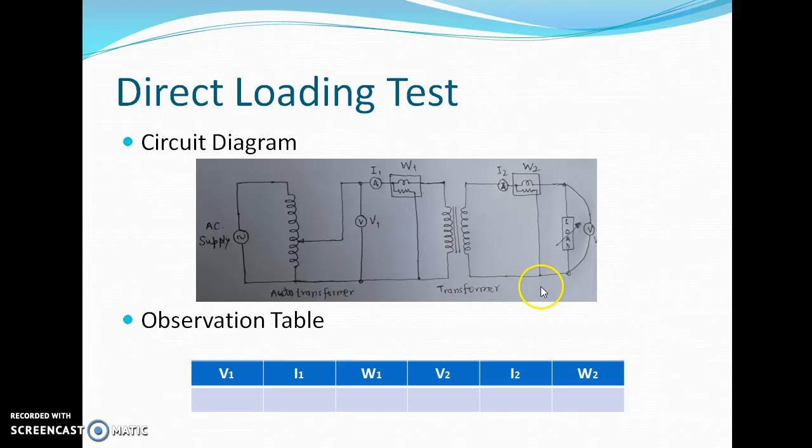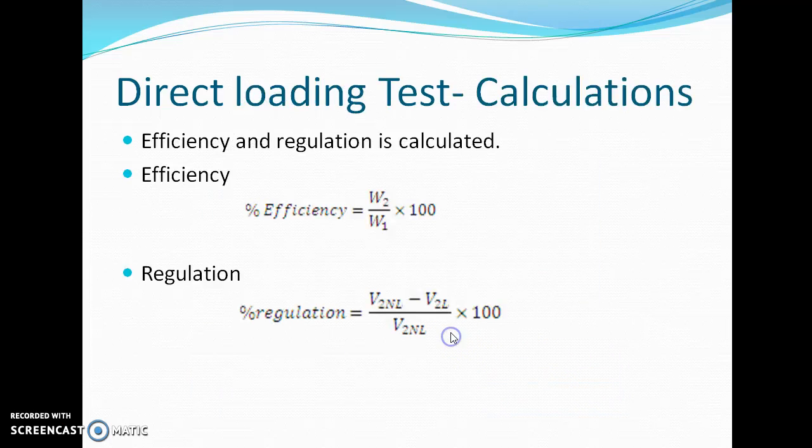So V2, I2, W2 is measured on the secondary side. Load is connected, which is variable. So first reading will be at no load, zero load, and then gradually increasing the load in steps. We note down V1, I1, W1 and V2, I2, W2 as shown in the observation table.